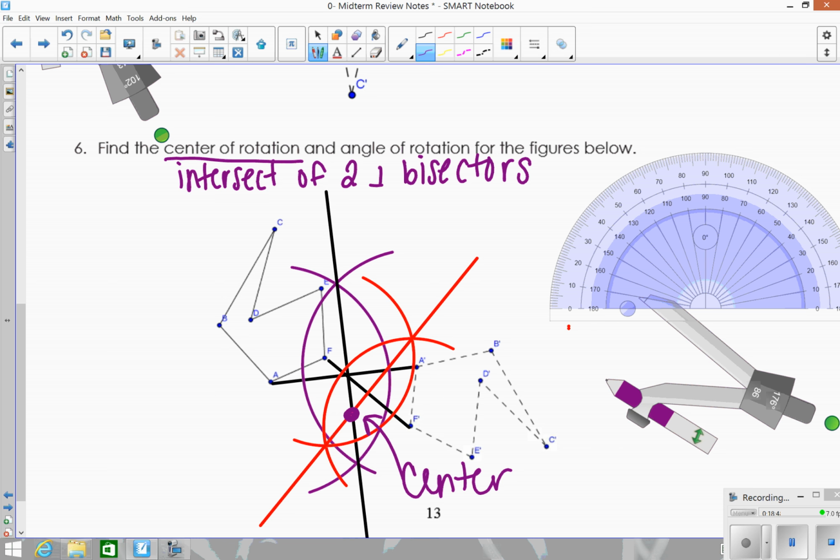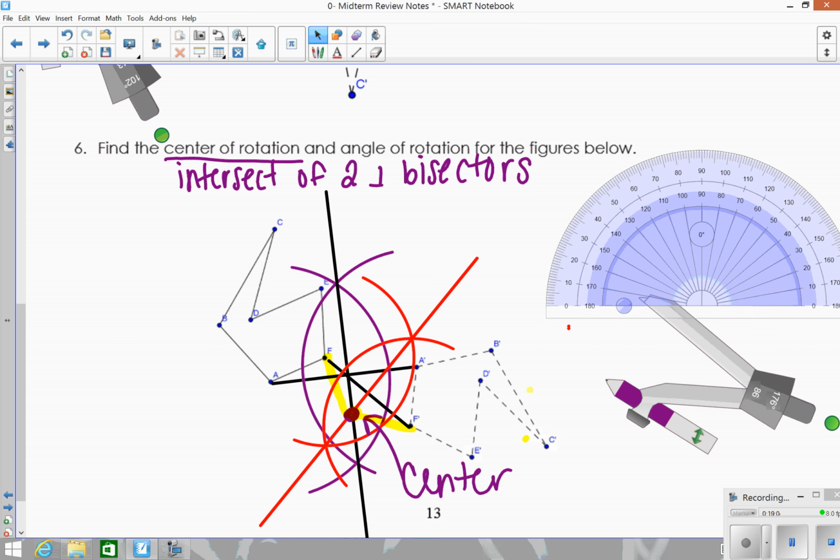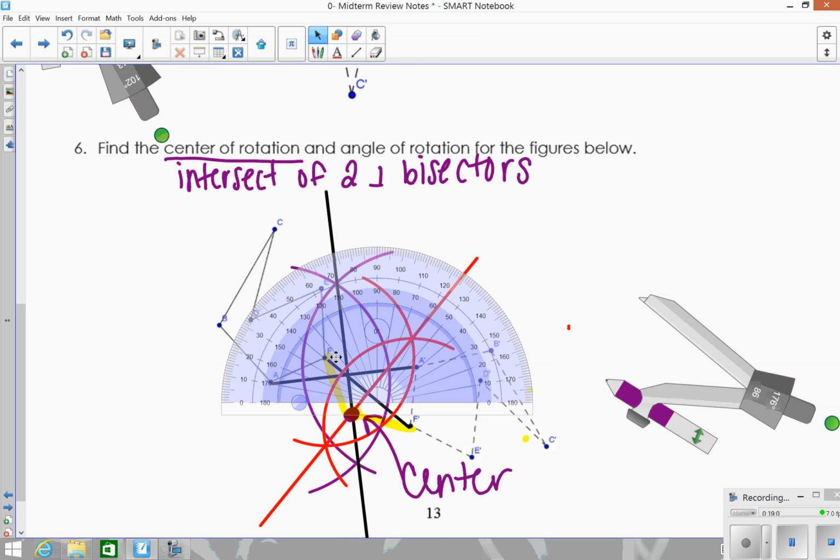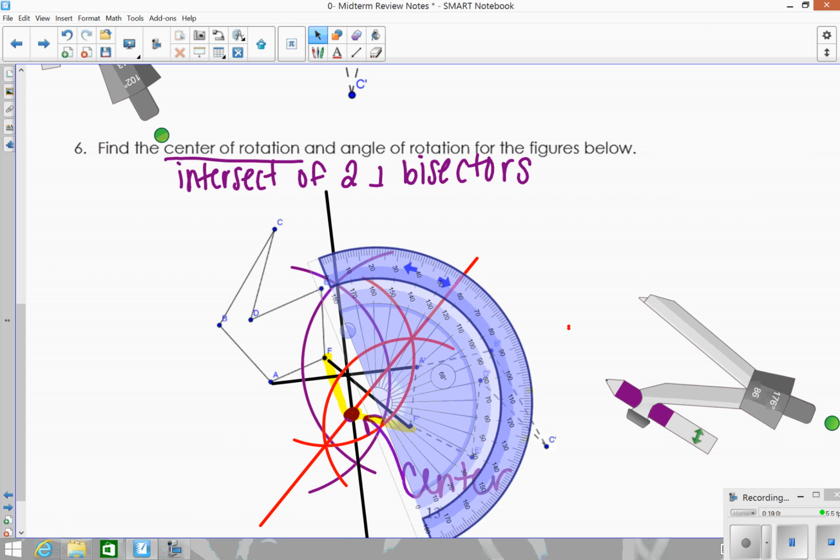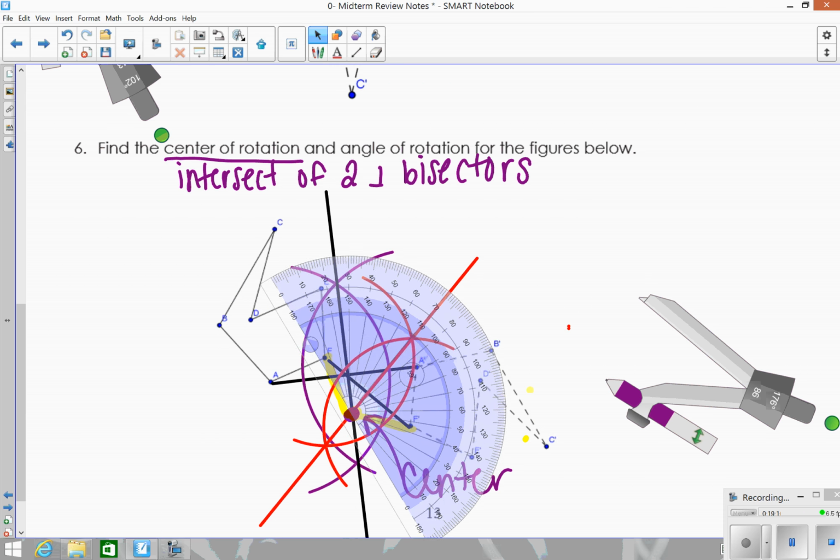And then the angle of rotation. Let me highlight where the angle would be. From the center to, let's say, F to F prime, that angle is going to be the angle of rotation. So I'm going to take my protractor and place it so that the center of the protractor is on the center.